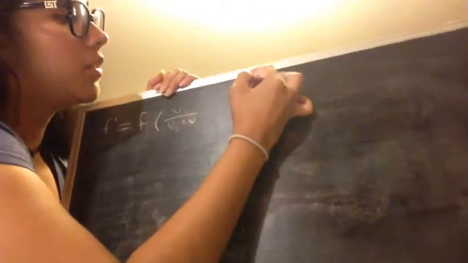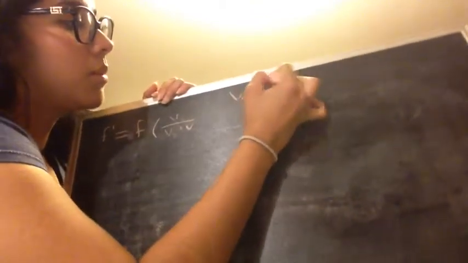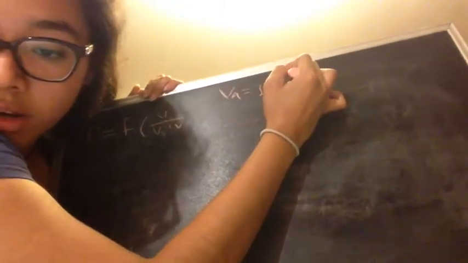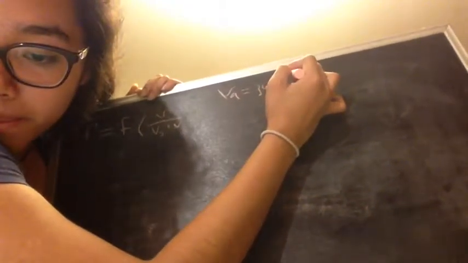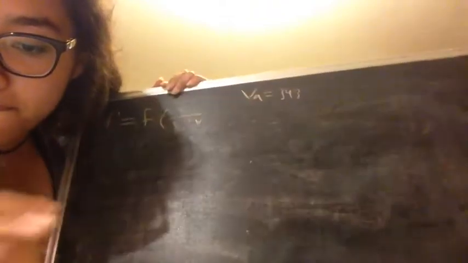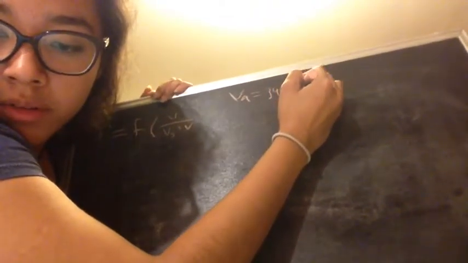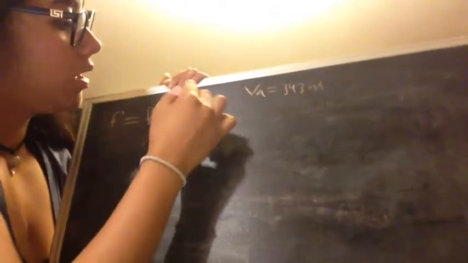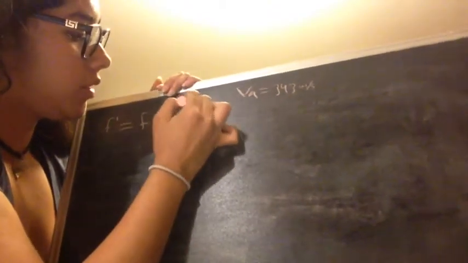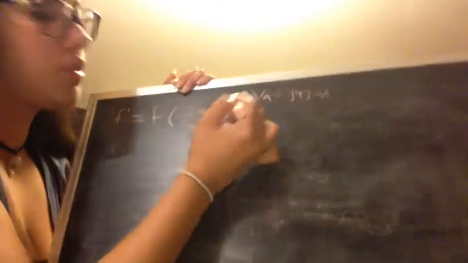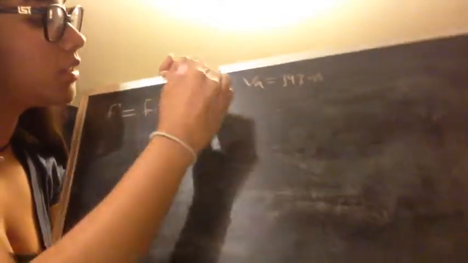Actually, the velocity of sound in air is going to be 343 meters per second. The source is going to be the car in this case.